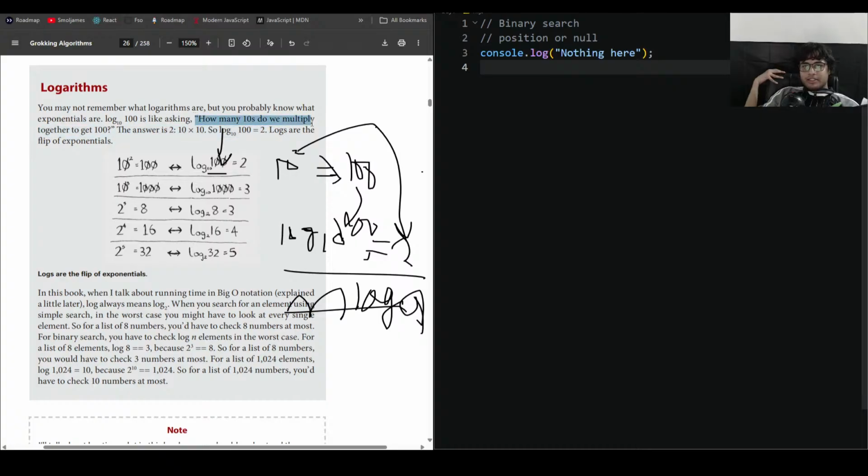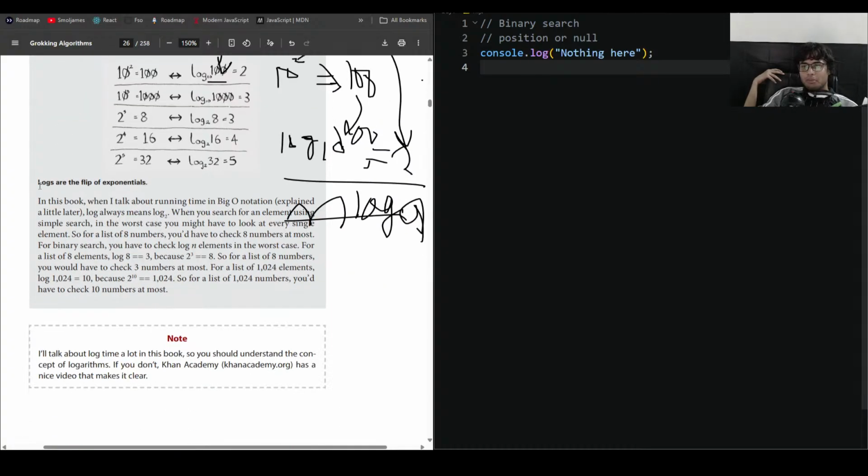How many tens do we multiply together to get 100? The logs are the flip of exponentials.